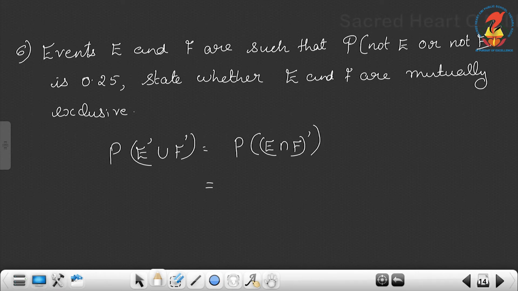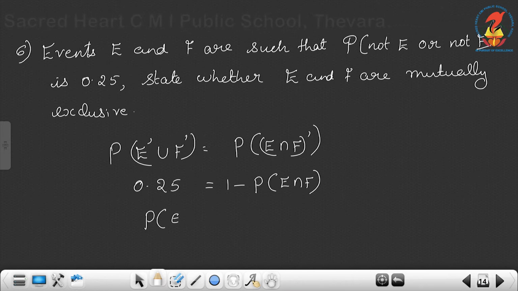And P of A complement is 1 minus P of E intersection F. And this part is given as 0.25. So, what is P of E intersection F? It is 1 minus 0.25. So, it is 0.75, isn't it?